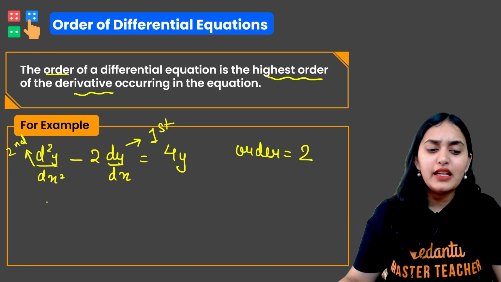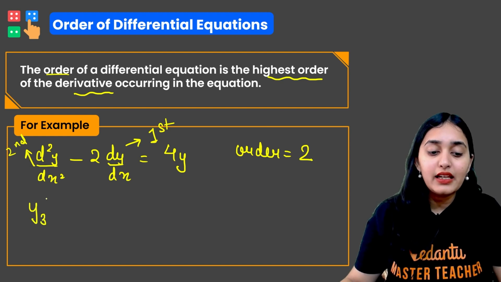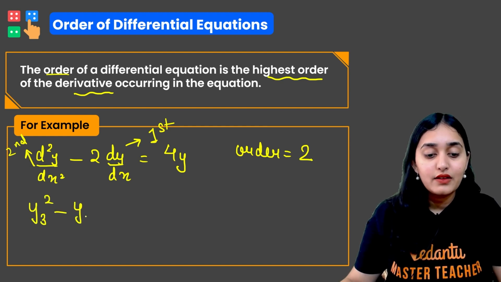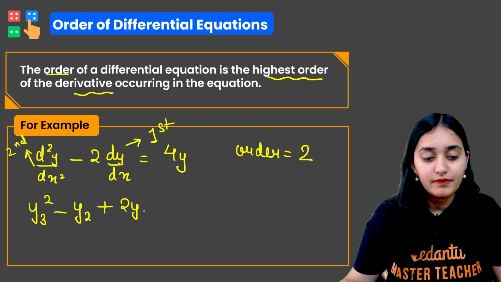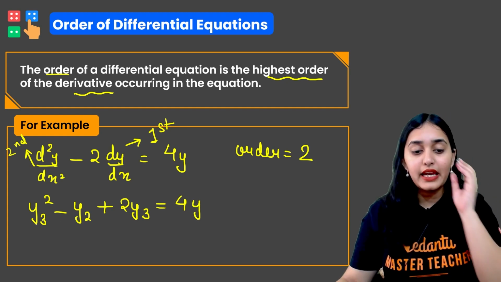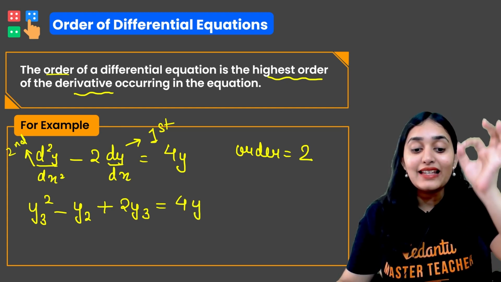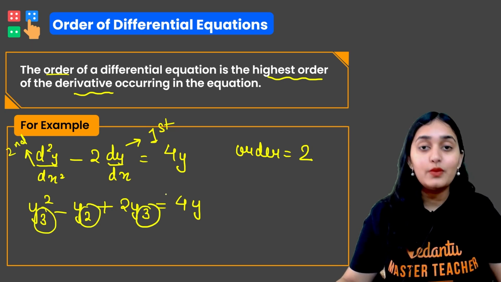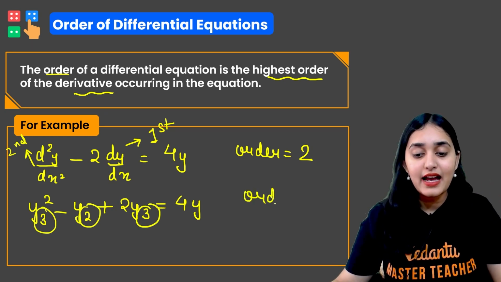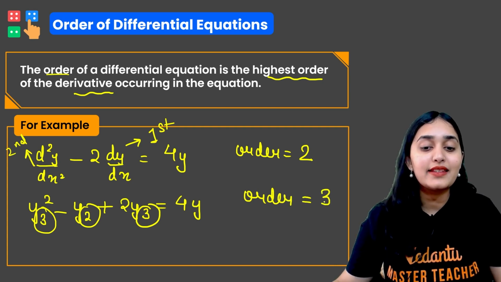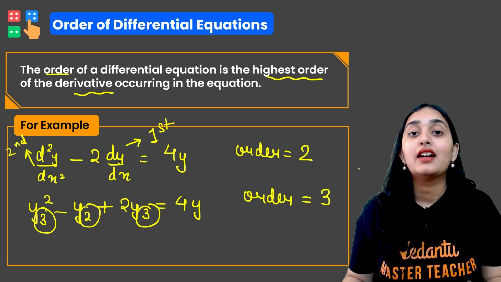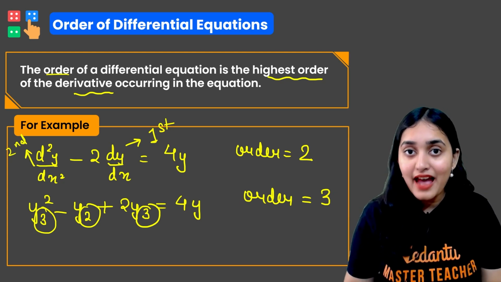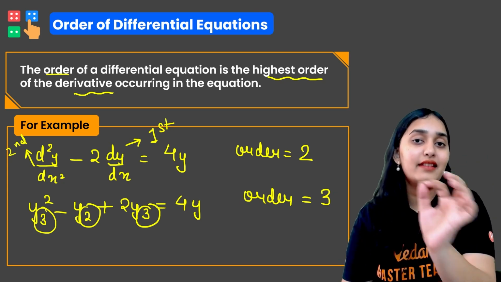Similarly, if you have an equation y3 square minus y2 plus 2 times y3 is equal to 4y, again, what is the highest order derivative? Here you see 3, 2, 3. Which is the highest? 3 is the highest. So the order is 3. It is just whichever derivative is the highest.